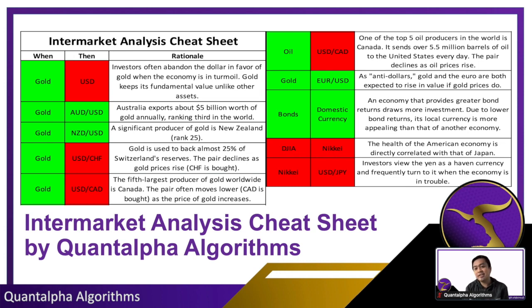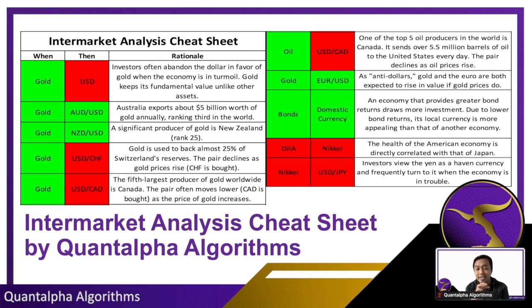And the same goes with the Nikkei and USD/JPY. They have a directly proportional relationship. So if the Nikkei goes down, USD/JPY, as a major currency pair, goes down as well. Why? Because if we sell USD/JPY, we are selling the US dollar at the same time we are buying the Japanese yen.